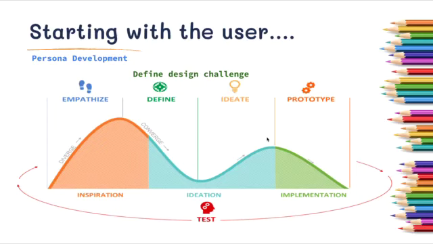But if that is not possible, like in your case, currently your learners cannot be in one room with you, we do a persona development, which is a substitute for having the real learners in the room and designing with them. It's about creating a typical student persona that you can then refer to when you do your design challenges. So that's the first step in the design process.